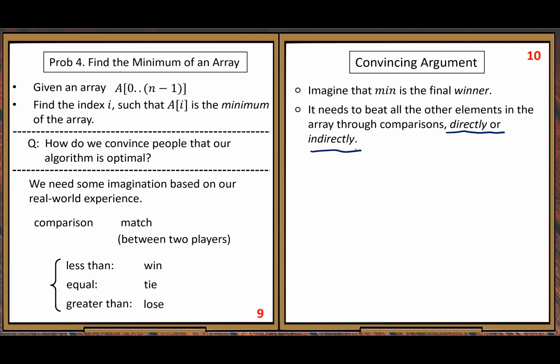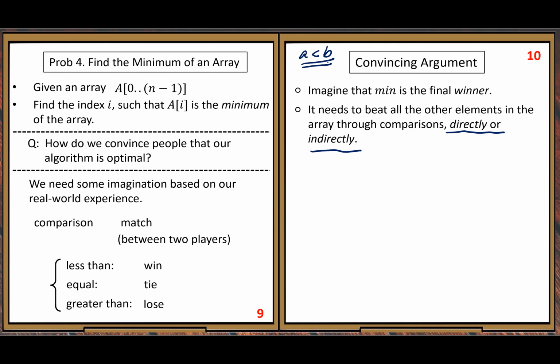Directly, when we compare A and B, A less than B, we call B a direct loser of A because there is a match, there is a game between these two players.